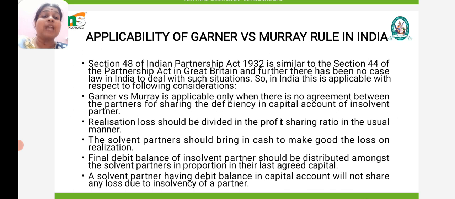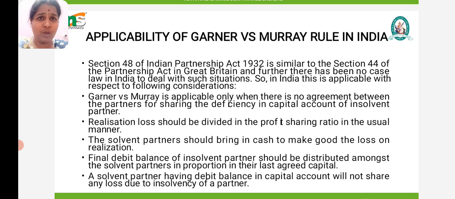The rule is adopted. Section 48 of the Indian Partnership Act 1932 is similar to Section 44 of the Partnership Act in Great Britain. And further, there has been no case law in India to deal with such situations. So in India, this is applicable with respect to the following considerations.